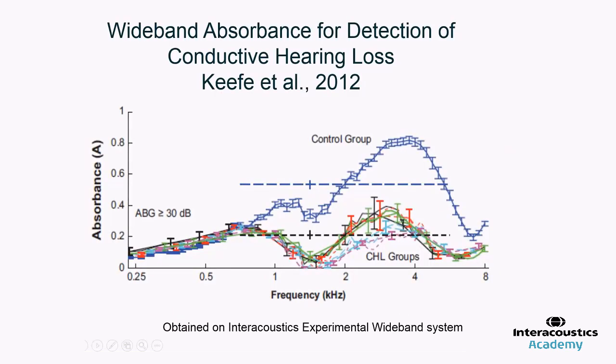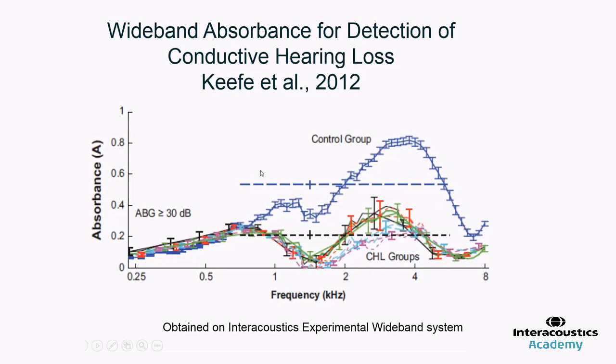So if we do that, and that's shown here, we've got in blue the control group that had normal hearing, and you can see that there's very little difference in the low frequencies up until about 700 or 800 hertz, and then we start to see a very large difference between the different conductive hearing loss groups that had air-bone gaps of 30 dB or greater, and the control group. And the largest differences happen between 2 to 4 kilohertz, where the wideband tympanometry is the most sensitive.